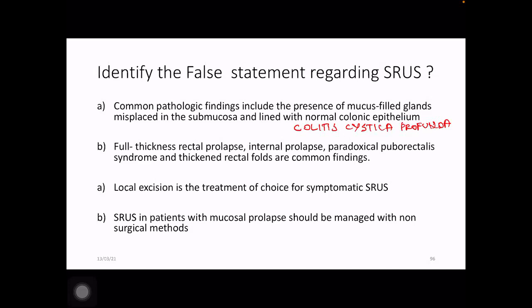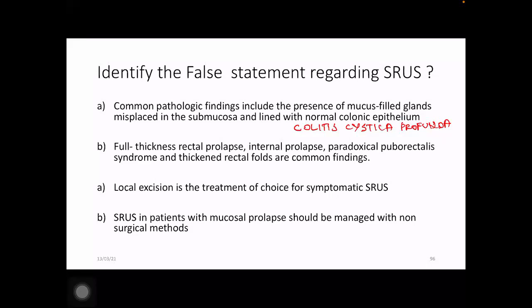Local excision is the treatment of choice for symptomatic SRUS. True or false? False. Wonderful. False, because local excision will never heal solitary rectal ulcer syndrome. Always you should think of managing any obvious predisposing cause, treat it, or use biofeedback and dietary modification. Unless the patient is not improving with these methods, and if you have a suspicion for malignancy, in that case we can go for a low anterior resection.